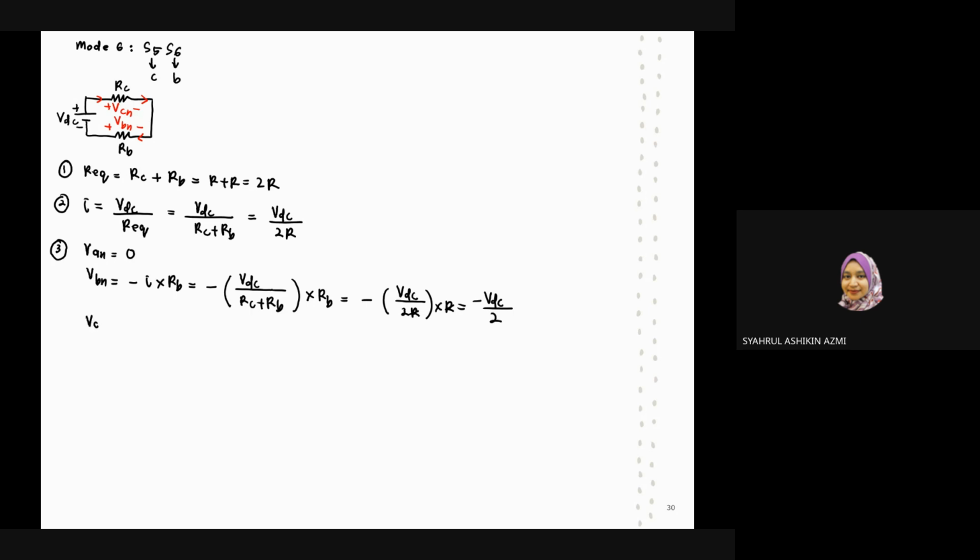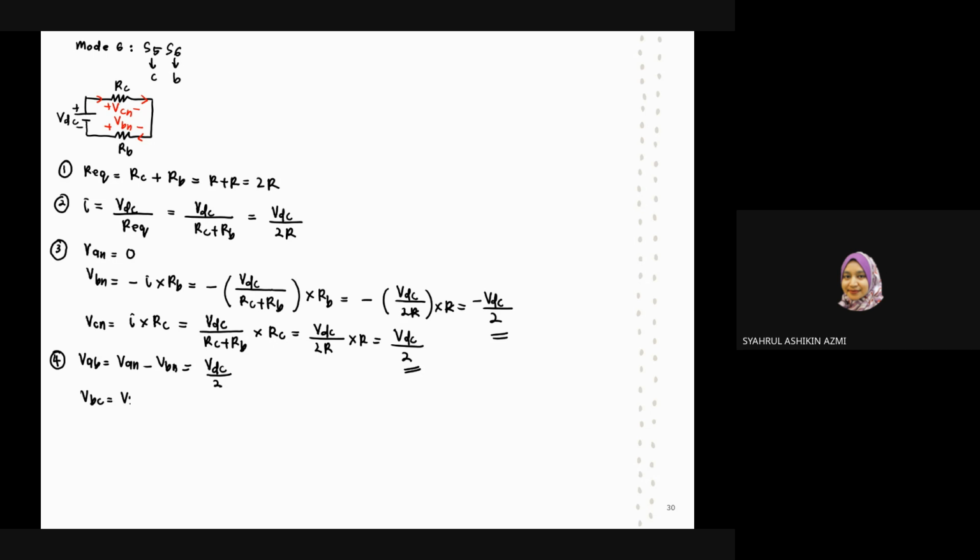VCN will be VDC over 2. So this is for your VCN. Your line to line voltage VAB is VAN minus VBN. It will be VDC over 2.